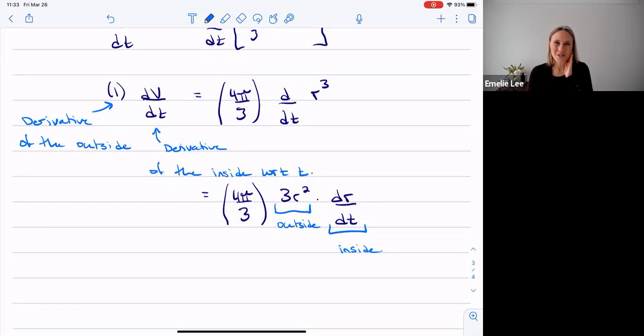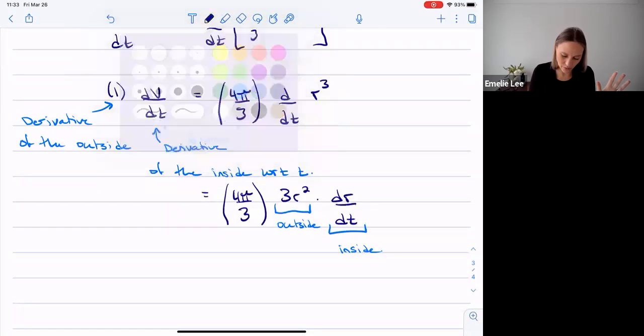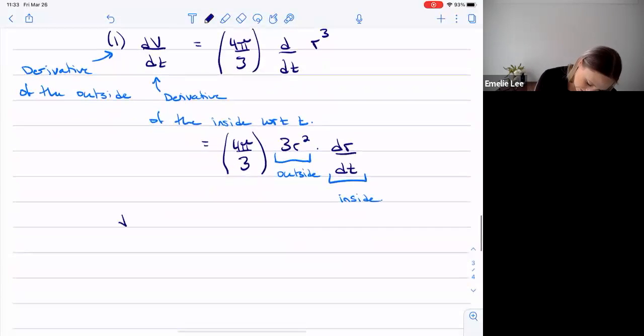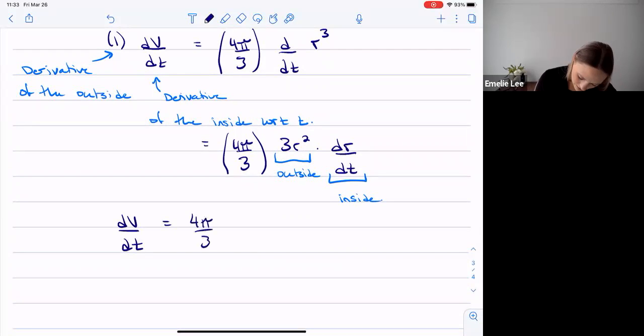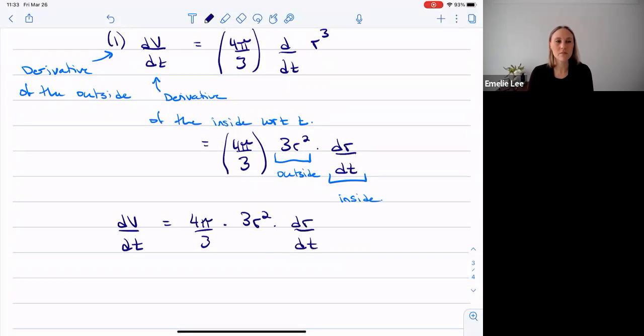Pretty fun, right? Let's write out what our total derivative is. We have dV/dt equal to 4 pi over 3 times 3r squared times dr/dt. Now that I've taken the derivative, I'm okay to plug in the values I've been given.